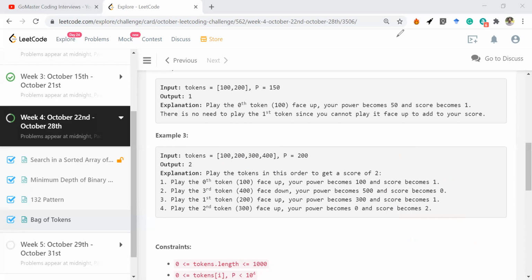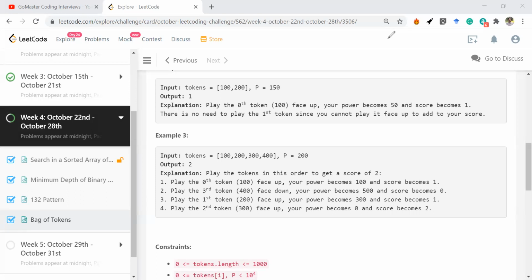So I'll try to use it on tokens, and when I have multiple options, I'm going to use it on the one which has the lowest value, because that is going to leave more power with me. More power is better because I can score more by using it on tokens. That's how I'm going to start with the lowest valued token for using power to gain score.